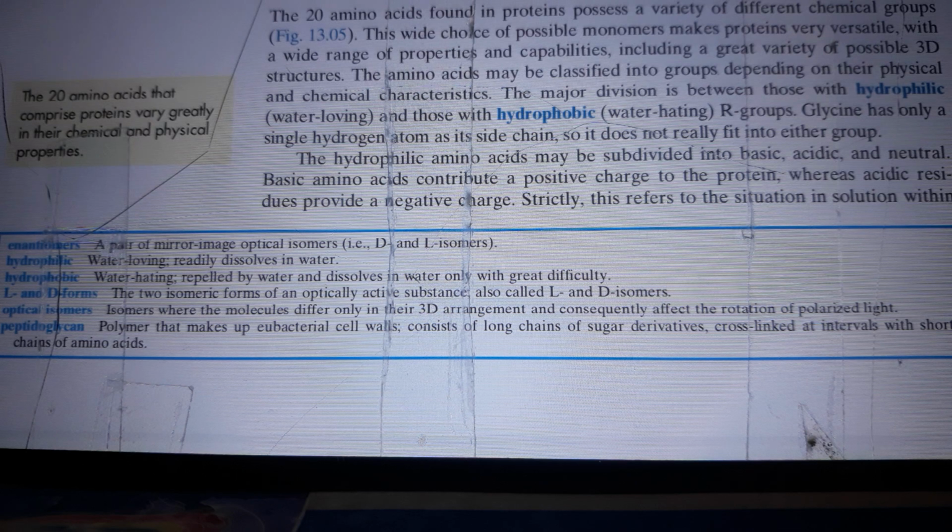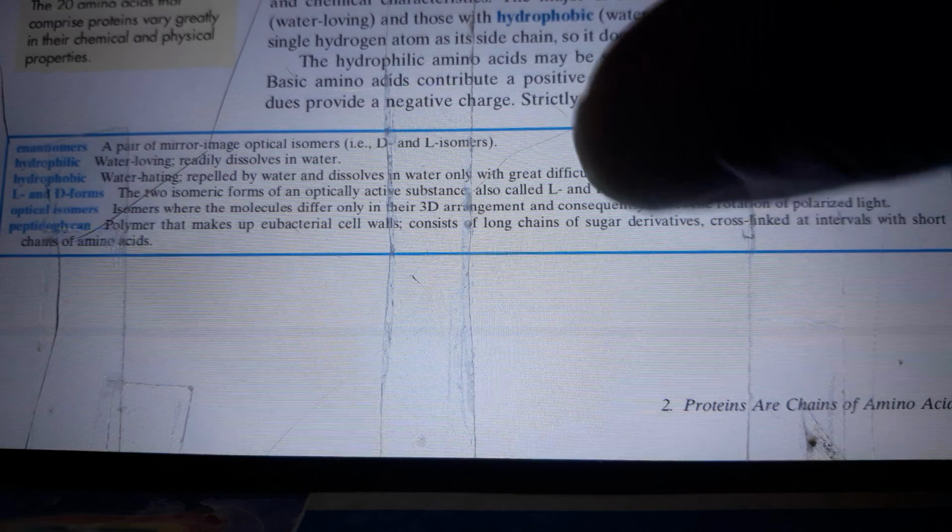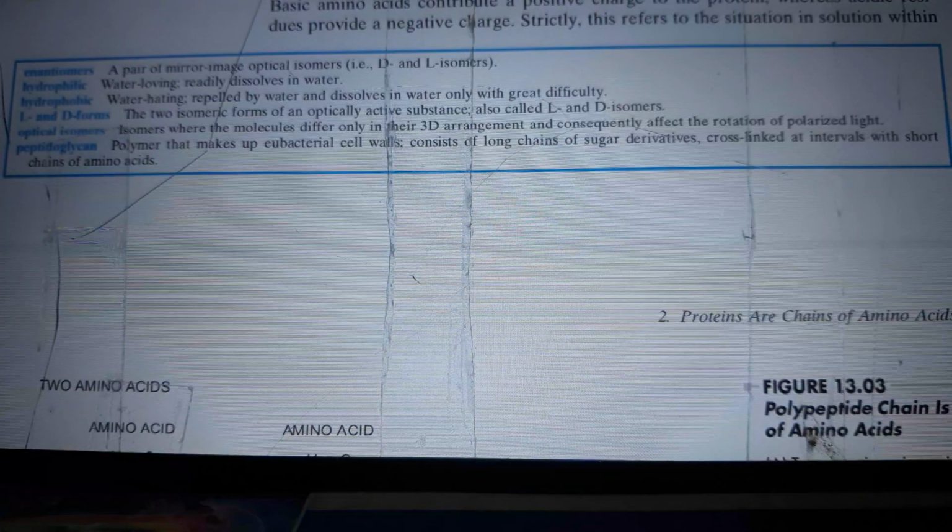The amino acids may be classified into groups depending on their physical and chemical characteristics. The major division is between those with hydrophilic, water-loving, and those with hydrophobic, water-hating R groups. Glycine has only a single hydrogen atom as its side chain, so it does not really fit into either group.